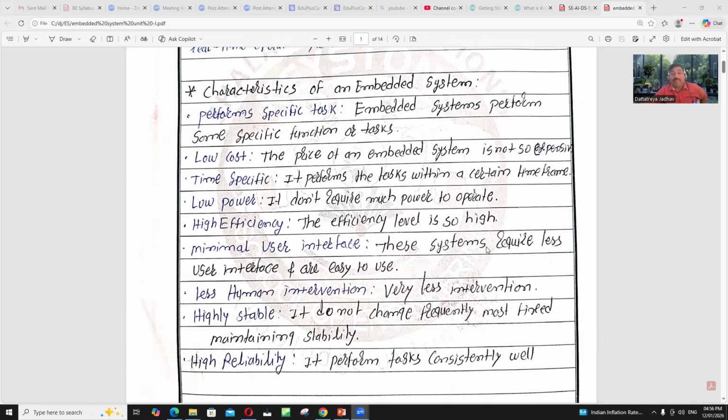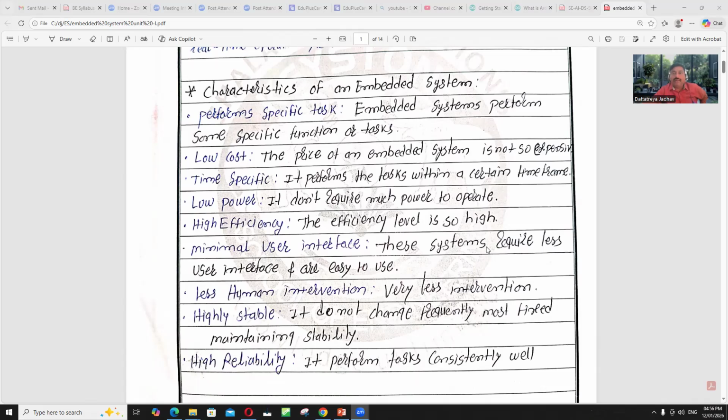Whatever the number of actions done by the system, it should provide constant efficiency for each and every task. Just taking one example, a door lock.